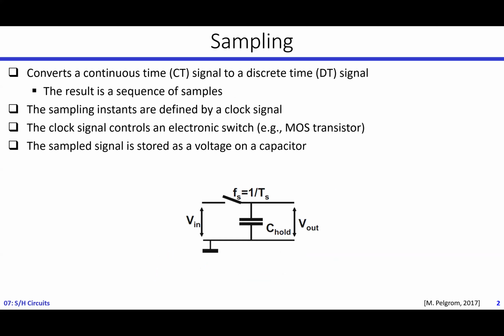How frequently you want to have samples depends on your sampling clock, and the clock is controlling this switch here. This is the simplest sample and hold circuit. It has a switch and a capacitor that holds the value for the next clock cycle that comes.